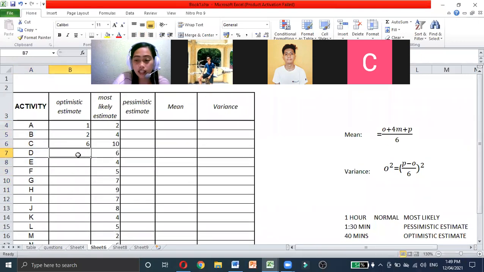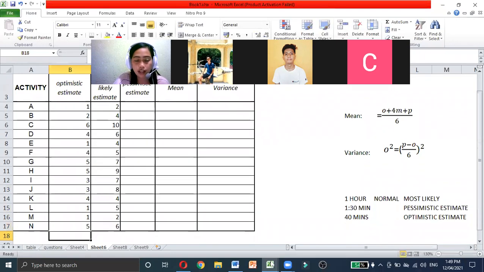Okay, next, D is 4, 1, and then F is 4, 5, 5, 3, 3. A is 4, L is 1, M is 1, and then N is 5.